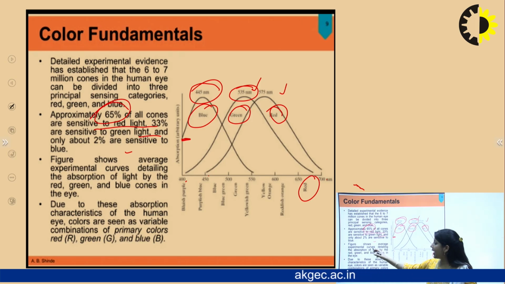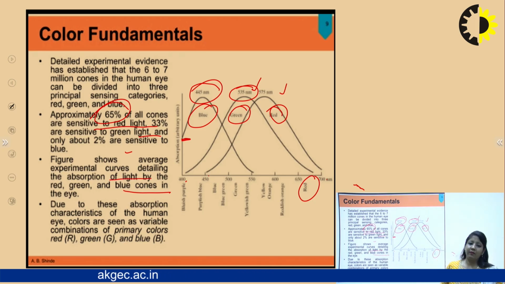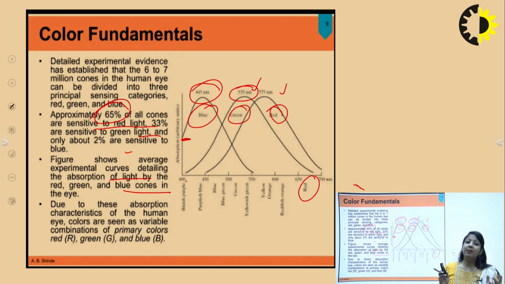The figure shows the average experimental curve detailing the absorption of light by the red, green, and blue cones in the eye. When we visualize any object, we can easily see the color in the image, but the perception can be different. We can visualize red color more effectively than green and then blue.